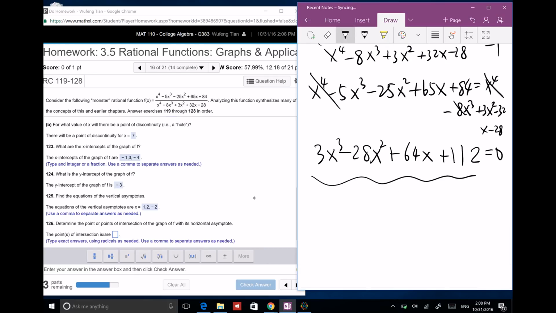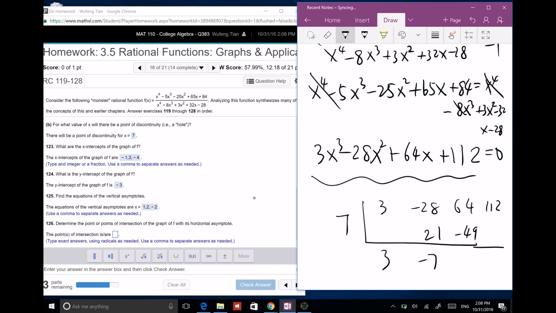What do we need to do? I think we have to try 7, see if it works out. Negative 28, 64, 112. So let's try 7, see if it works. 21, negative 7, negative 49, and 5. It doesn't work. So you can graph it.